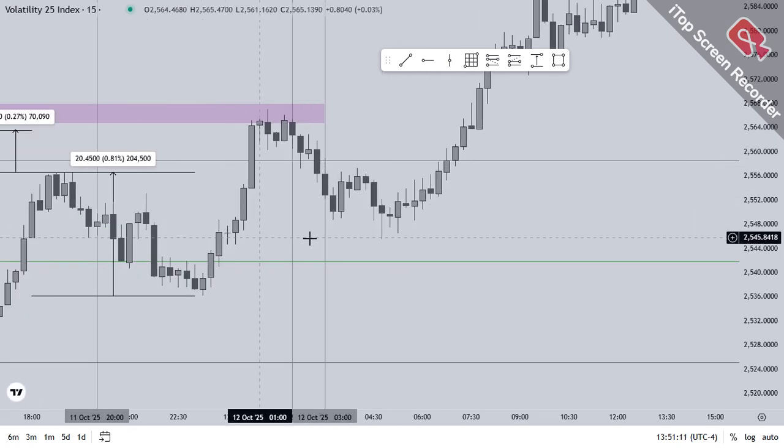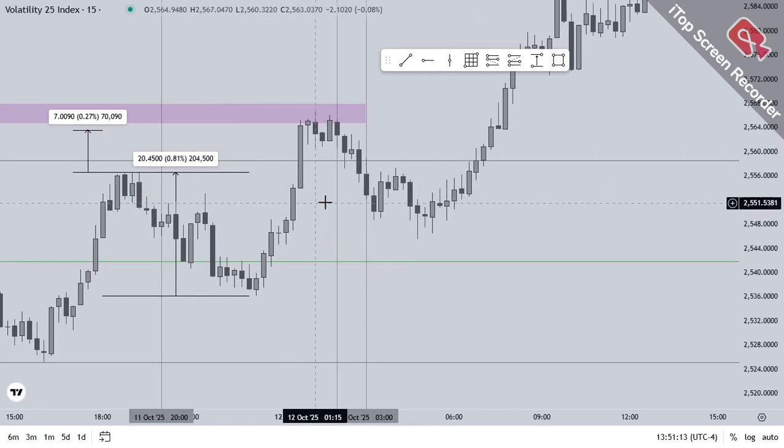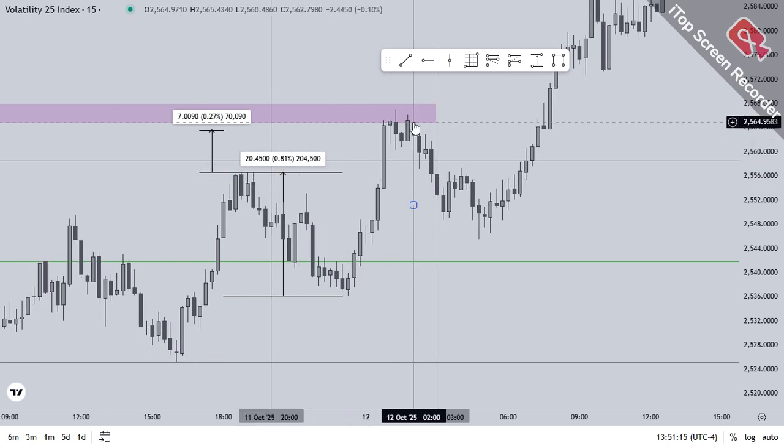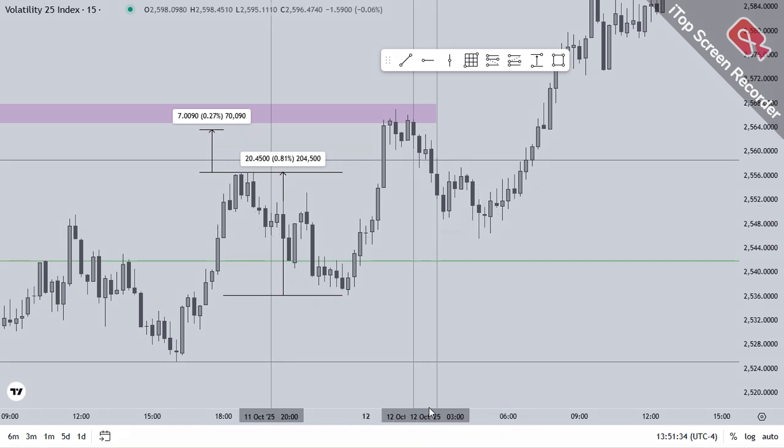All right, so we had that sell-off from here, pushed down to this, swept this low to something here. And how do we know that the price was going to reverse from this point here?